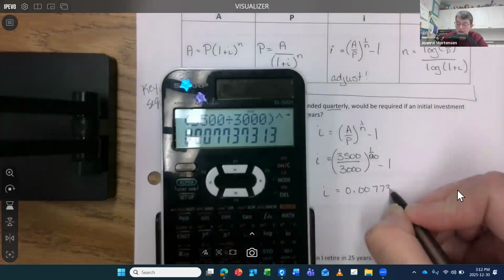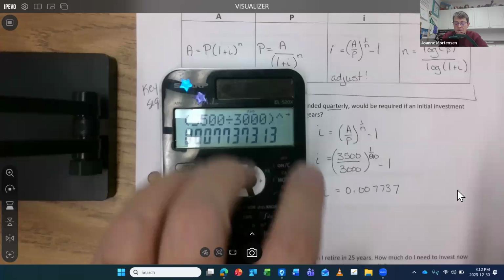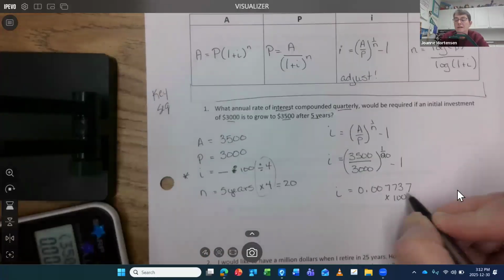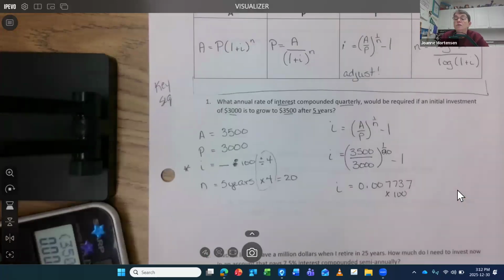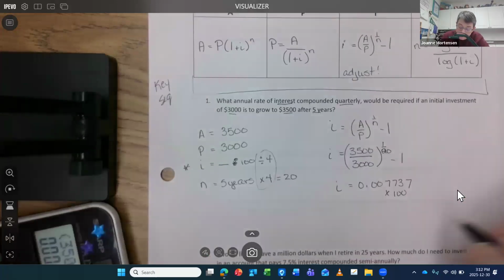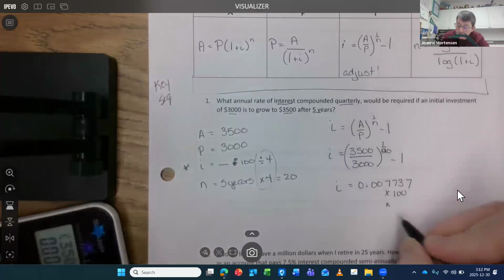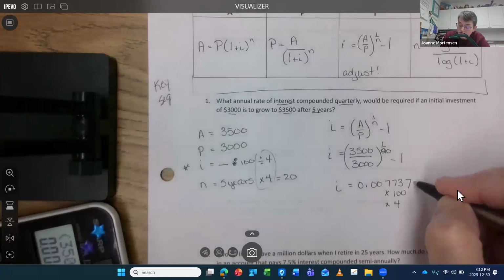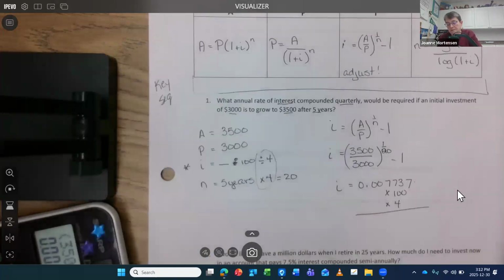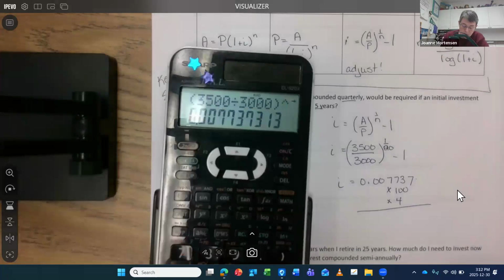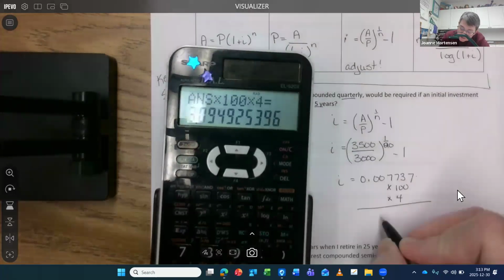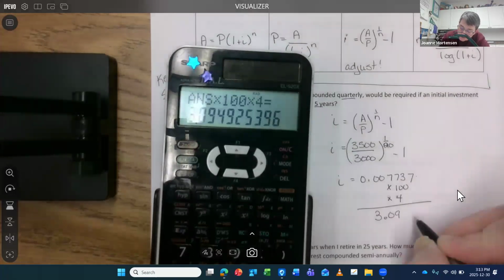0.007737. Now I have to remember I need to adjust. I always need to multiply by 100 to take it from decimal format to percent. I also need to multiply by 4, because this is the amount of interest you get quarterly, and I want it per annum, or per year. So I multiply by 100, then by 4, and I get 3.09%.